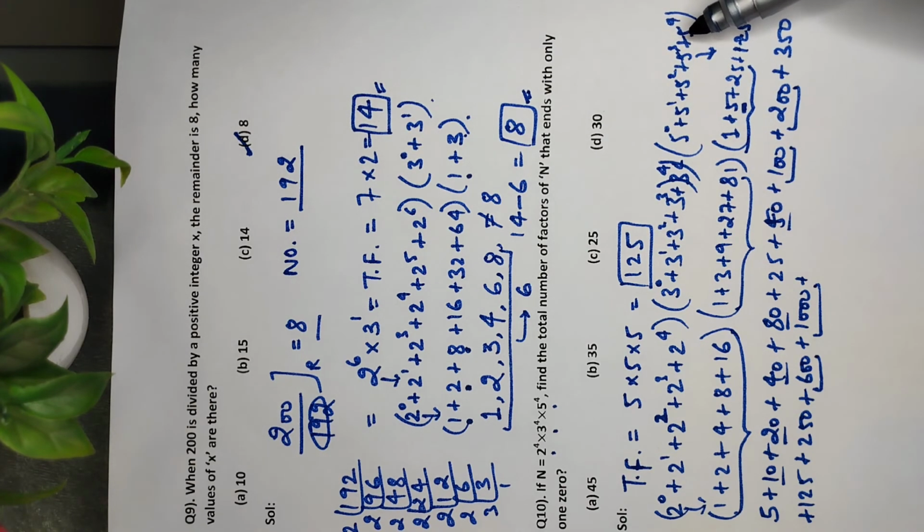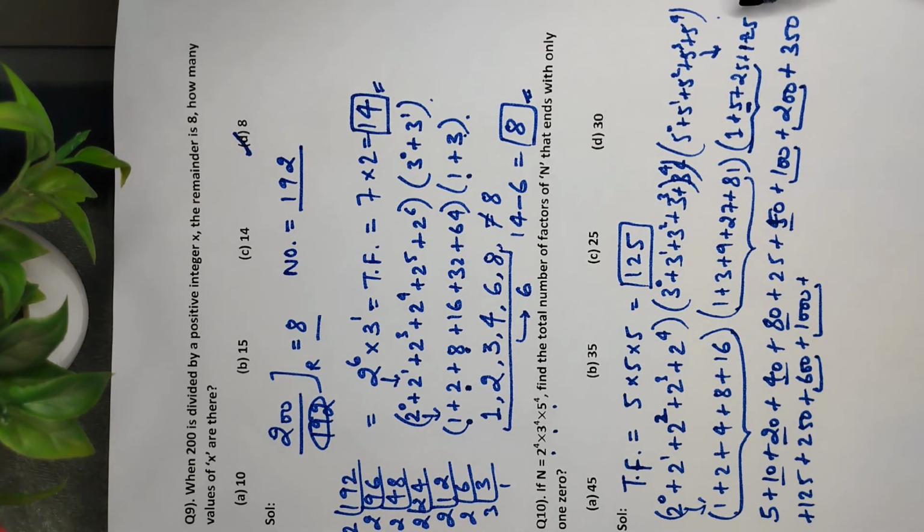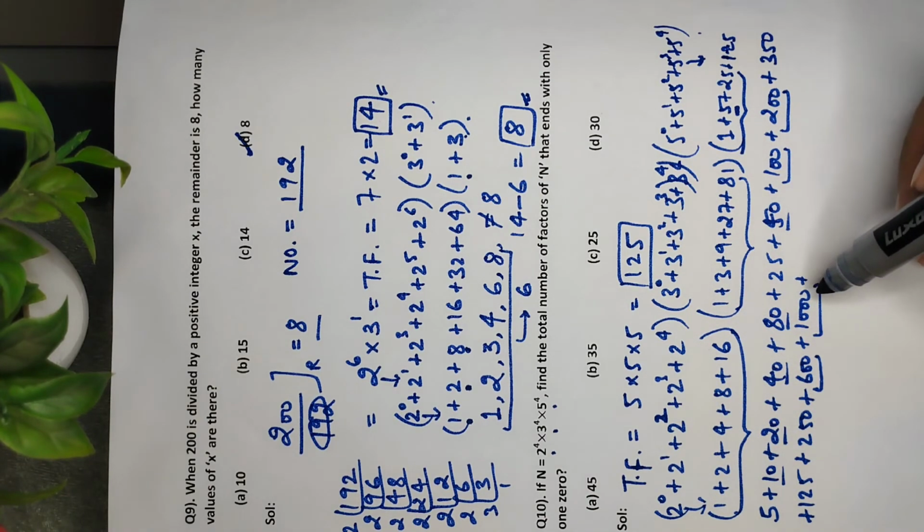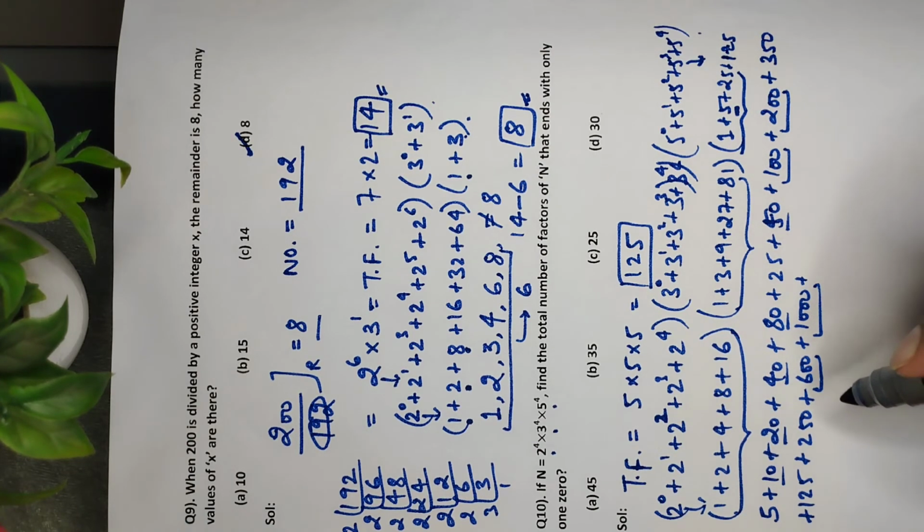Now if I write this 5 raised to the power 4, the value of this will be equal to 625. And then if I multiply 625 with all these values, I will get one more zero along with some of the numbers. So what I am trying to show you is what I have to do for finding the numbers that only end with 1 zero.